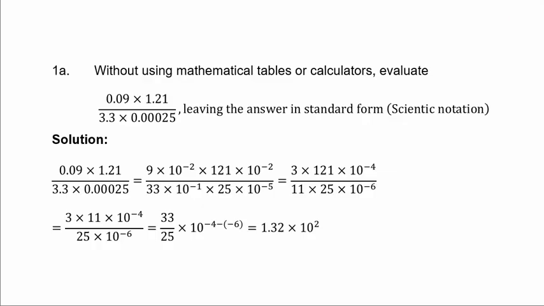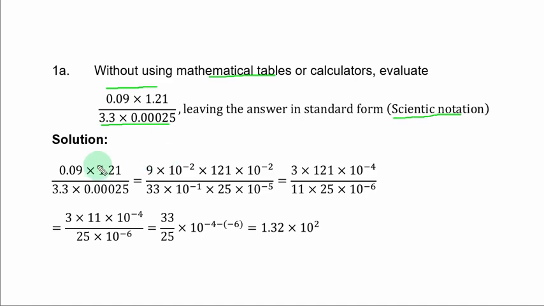Question 1A. Without using mathematical tables or calculator, evaluate 0.09 times 1.21 over 3.3 times 0.00025, leaving the answer in standard form, that is scientific notation.